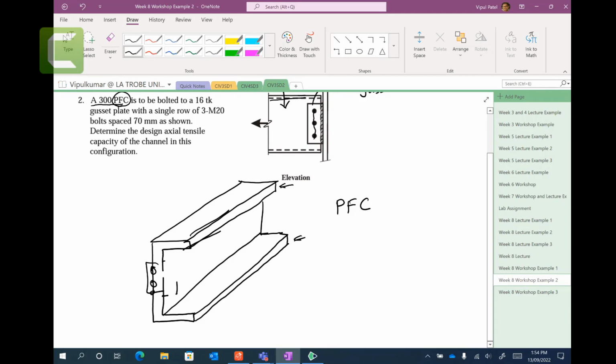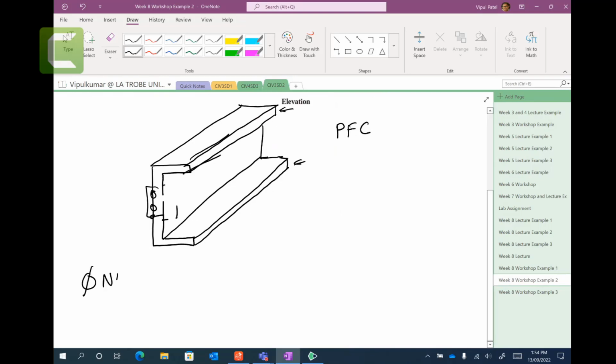So there is a single row, 3 bolts, and each bolt has a 20 millimeter size, spaced 70 millimeters each. Determine the design axial tension capacity of the channel in this configuration. So we need to calculate phi Nt for the 300 PFC.